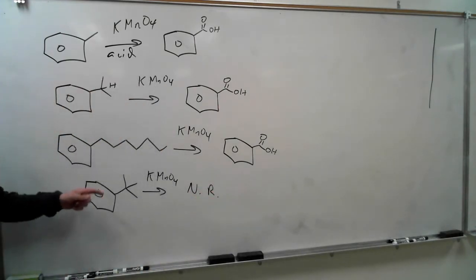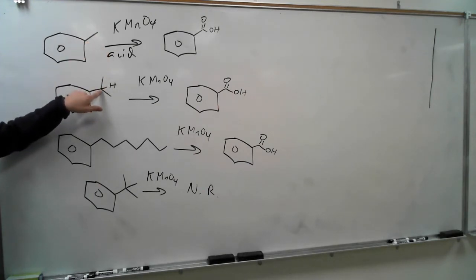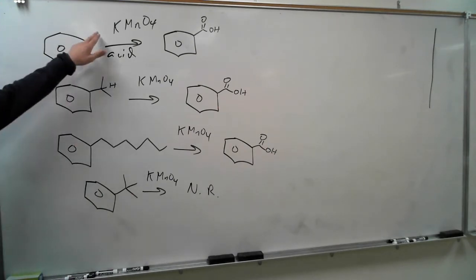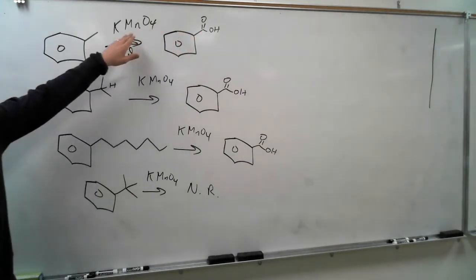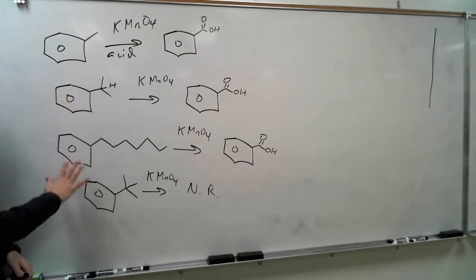Okay? So this reaction works great as long as you have at least one CH at that benzylic position. And then we can convert our alkyl group to a carboxylic acid using KMnO4 under acidic conditions. Okay, so that's one way we can make a carboxylic acid involving an aromatic ring, right?